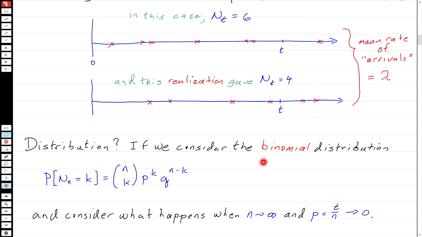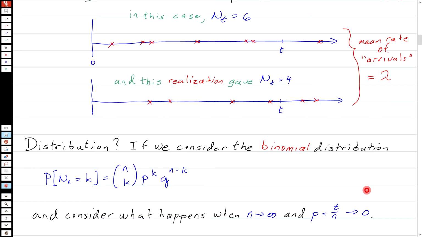If we look at the distribution of the binomial, we saw that the probability that the number of successes in n trials is equal to k was n choose k, p to the k, q to the n minus k. And now what we're going to do is take n going to infinity, and p equal to the time interval divided by n. And as n goes to infinity, of course, this goes to 0.